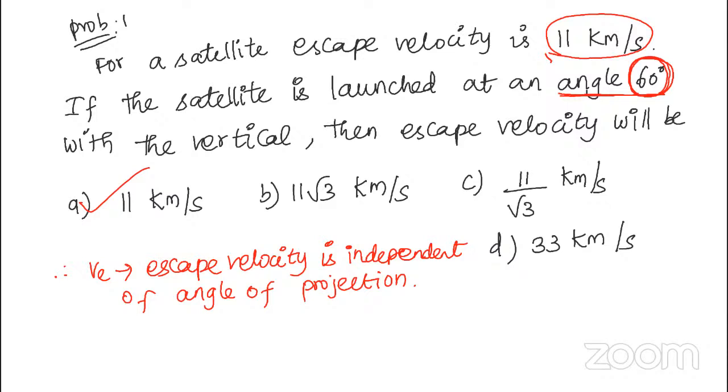So when you see problems like this where angles are given, whatever velocity value they have given, you can readily mark it as the answer. If angles are given, then the angle of projection and direction of projection are independent quantities for the escape velocity.